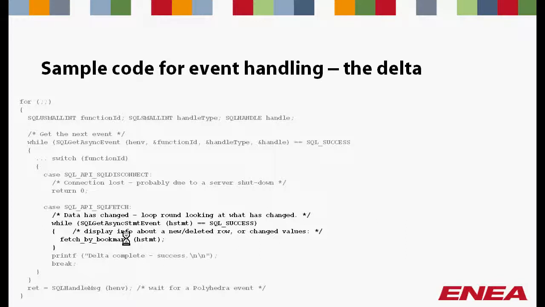But to produce an active query application from an application which is just doing a simple standard one-shot query is simply a question of enabling the query as an active query, enabling events on that query, and then doing a for loop which will detect events as they come along.